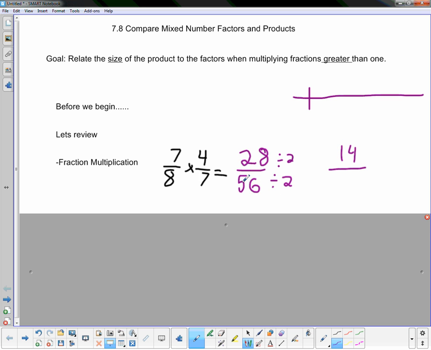2 can go into 56. Let's think here. That's one I might want to double check. 2 can go into 5 2 whole times. 2 times 2 is 4. Let's do subtraction.